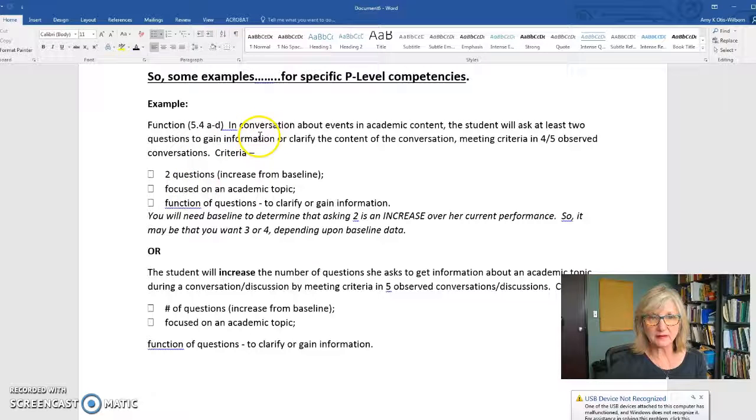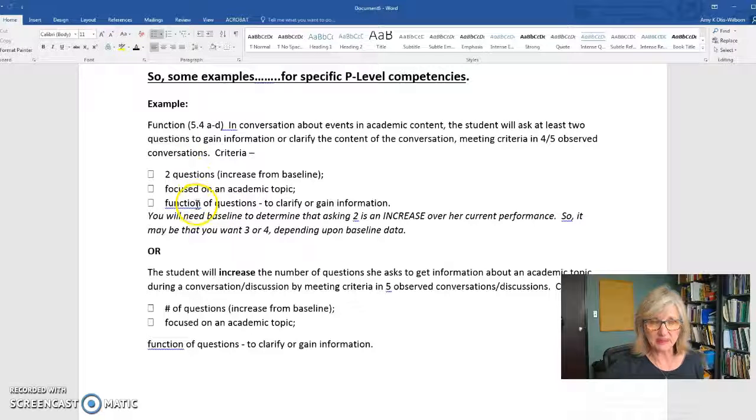So based on this goal, the criteria: the goal is 2 questions. It should be an increase from baseline, so you should have some baseline measures. It is focused on the academic content or topic, and the function of the questions is to clarify or gain more information. So this is a checklist.